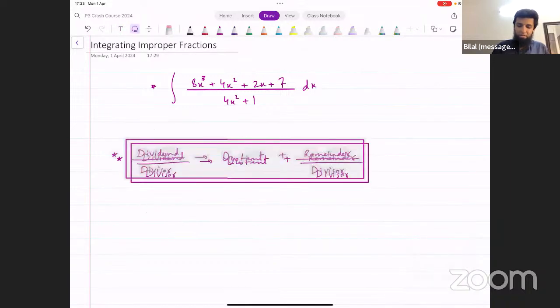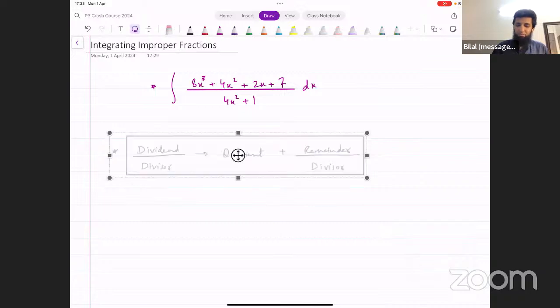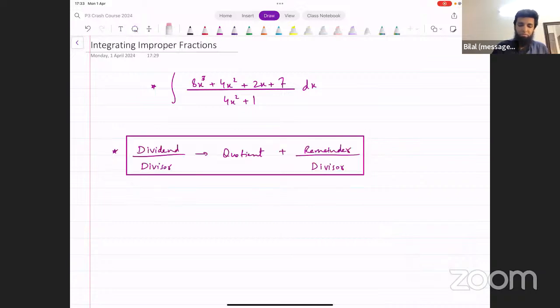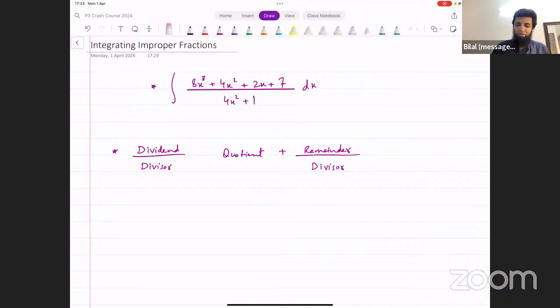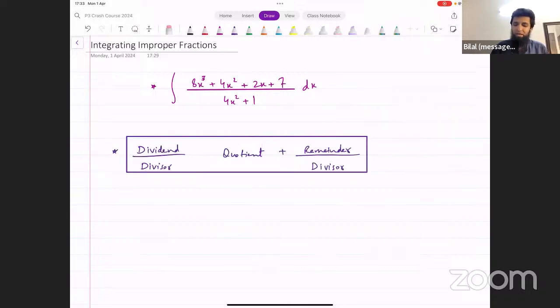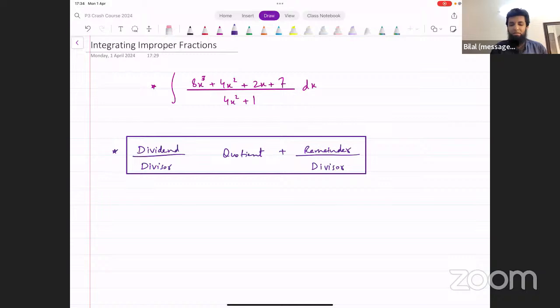Dividend over divisor, that's quotient plus remainder over divisor. This is a rule that we did in polynomials. This is how we connect dividend, divisor, quotient, and remainder. If you have an improper fraction, what you can do is you can break it down into two parts like this, into quotient and remainder over divisor. So that's what we're going to do here. We have to do long division here.